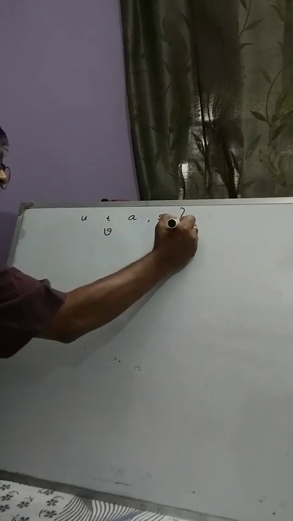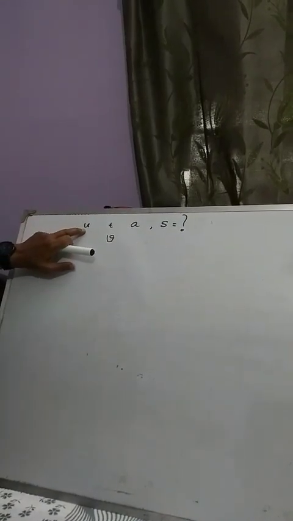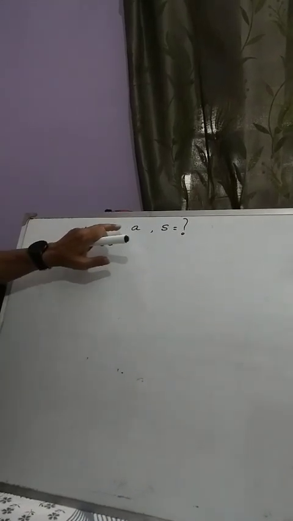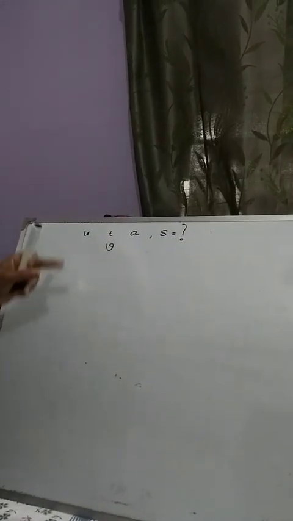The particle starts with velocity u, and there is acceleration a, that means velocity increases with respect to time.